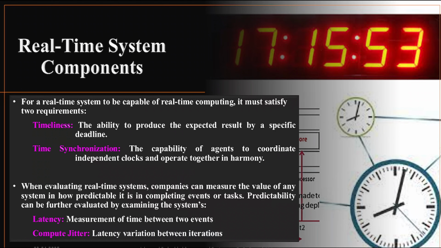Then in that case, we have to measure the jitter related to that particular function. So it is not necessary that all the functions will complete their job within a specified time period. So in such cases, we have to measure the jitter.